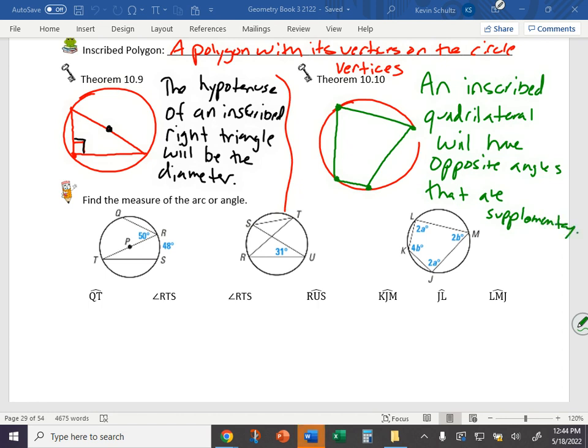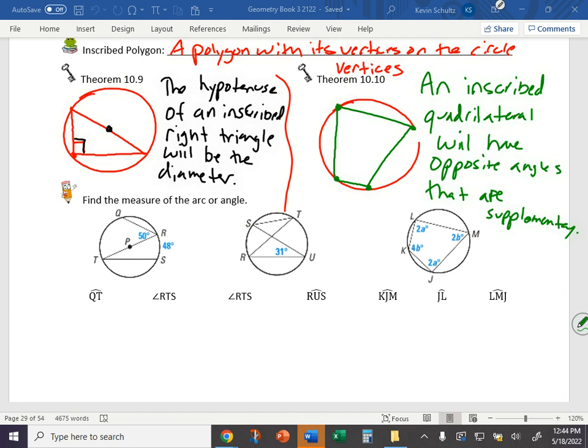Okay? An inscribed quadrilateral will have opposite angles that are supplementary.